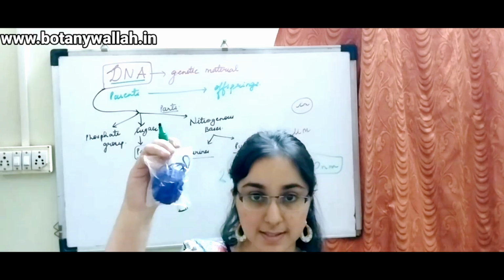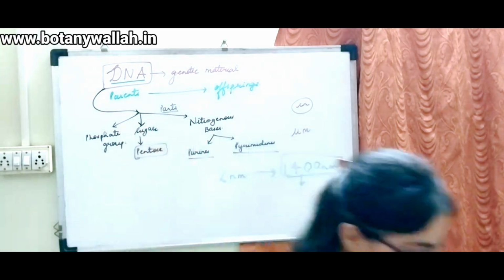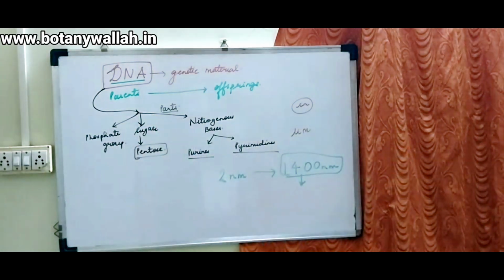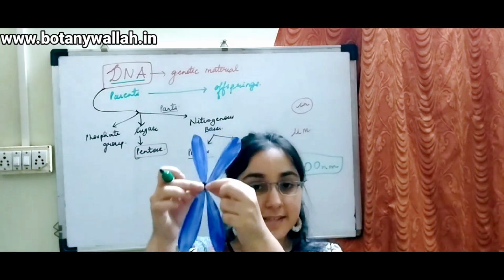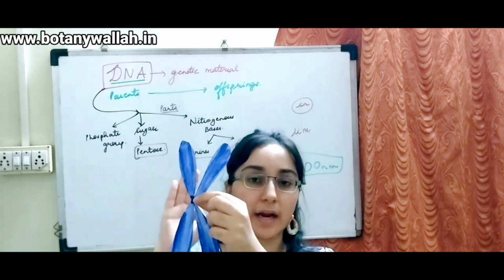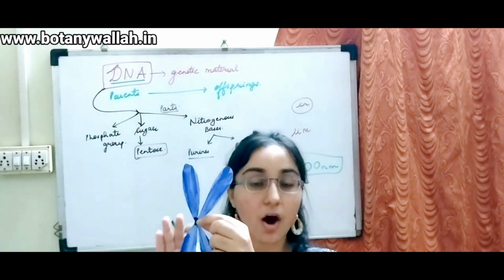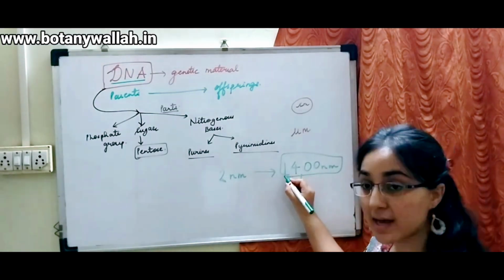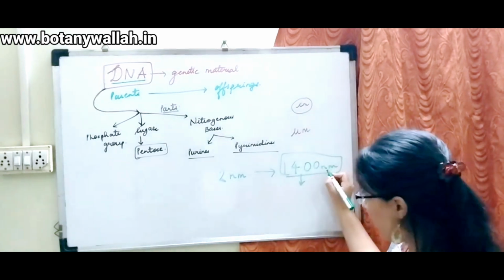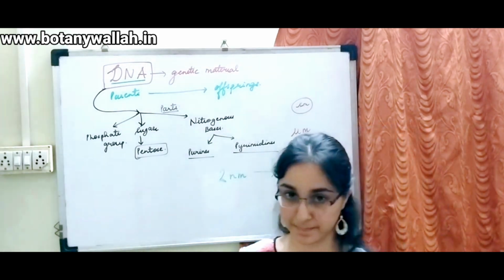This is just an example, but actually it looks like this. So this is the highly condensed form of DNA known as chromosome, which is 1400 nanometer.